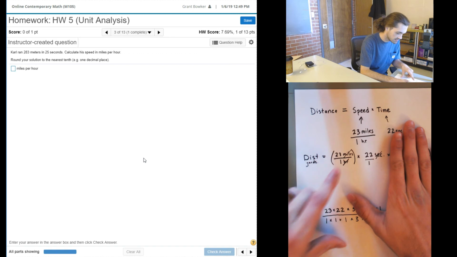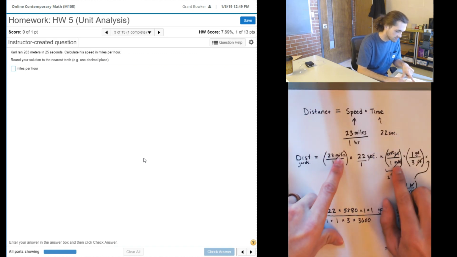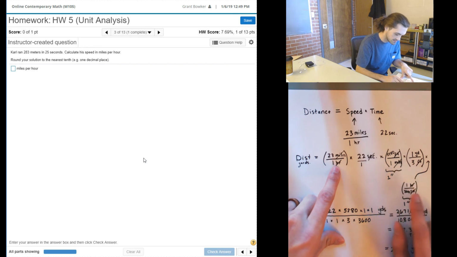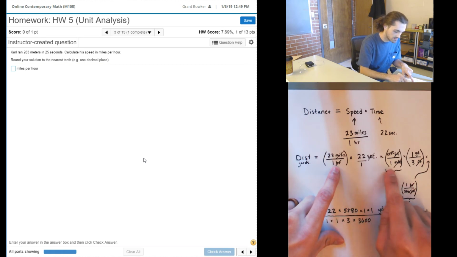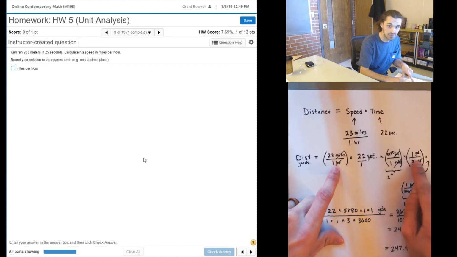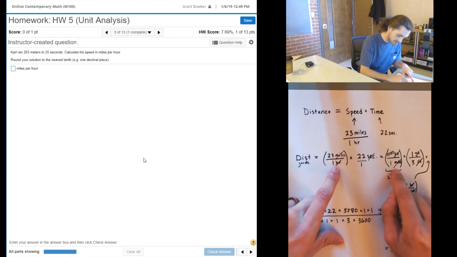Miles was upstairs, so we needed to introduce a miles downstairs, so the two units undo each other. Hours was downstairs, so we introduced an hour upstairs to undo those units. Now keep in mind, this introduction of these fractions is only valid when these fractions are equal to 1.